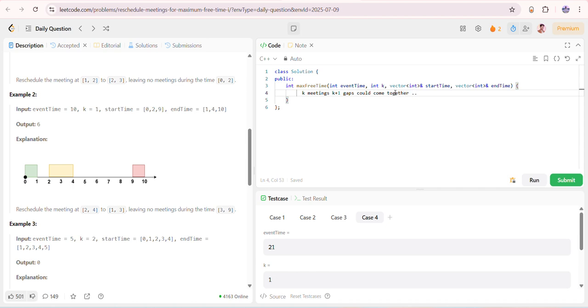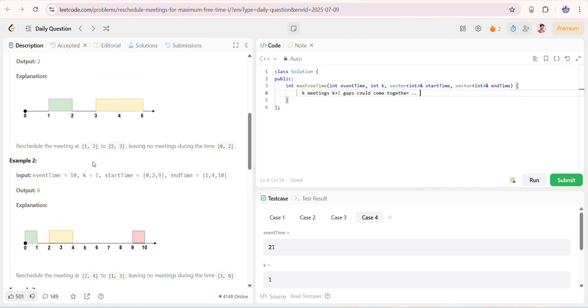Now what will our approach be? Our approach will be to always reschedule k continuous meetings. Now you will be asking how to get this approach. You see, suppose you have 4 meetings: 1 to 2 is a meeting, then 7 to 8, then 11 to 12, and 100 to 200, and you can shift only, sorry, suppose you can shift 2 meetings.